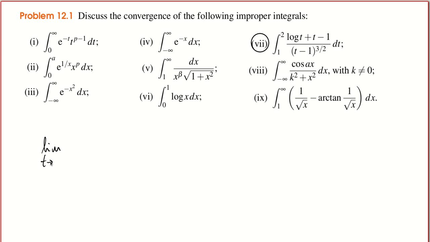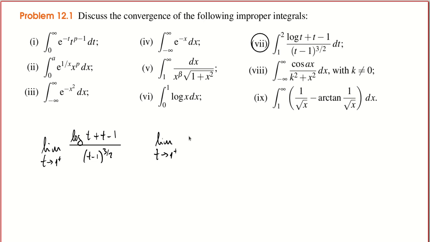So we need to analyze what happens when t goes to 1 on the right, because the interval we're working in is 1 to 2, right? So we have the logarithm of t plus t minus 1 here, and down here we have t minus 1 to 3/2. Well, one thing we can do is apply L'Hopital, and I think applying L'Hopital is enough to realize that this integral diverges.